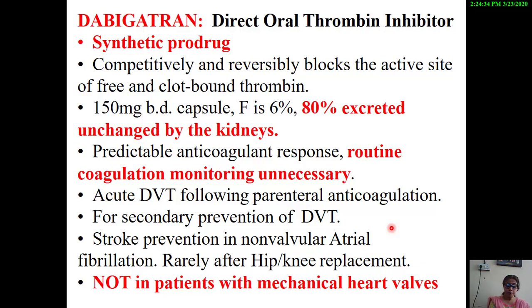And as you know, prodrugs are those compounds which are generally in the inactive form, and they require conversion to the active form inside the body. Now, the conversion of dabigatran etexilate to free active dabigatran is carried out with the help of plasma esterases, and dabigatran is given as an oral capsule.